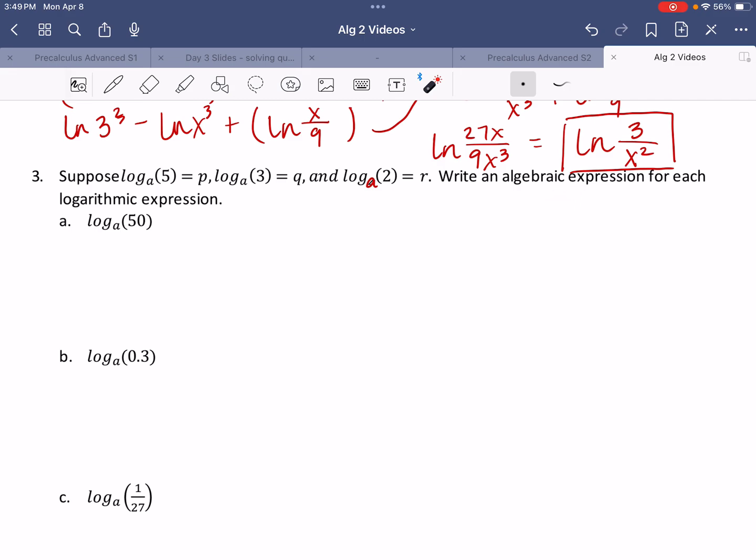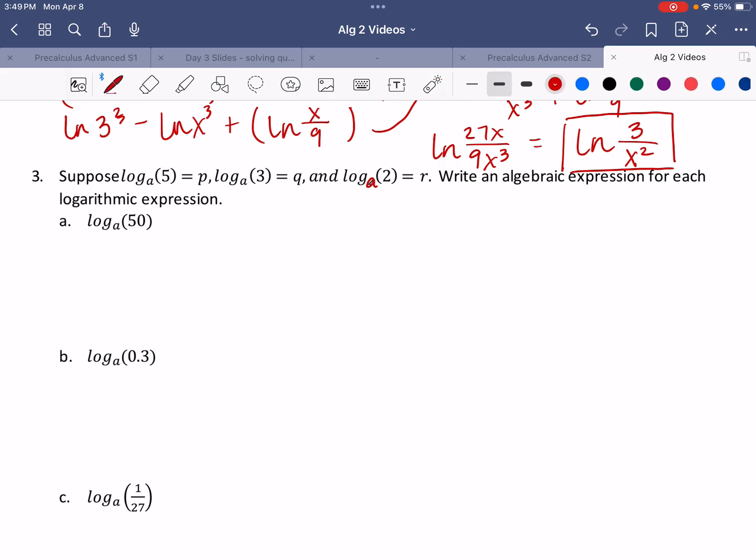Okay, so let's see what it's saying here. Log base a of 50. Well, it wants us to think about how we could, using only 5 and 3 and 2, and our operations of multiplication or exponents or division, how could we rewrite 50 using only these?